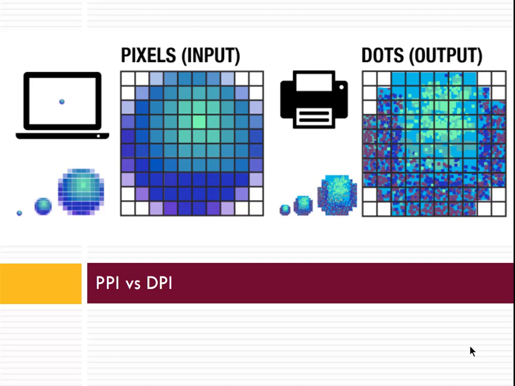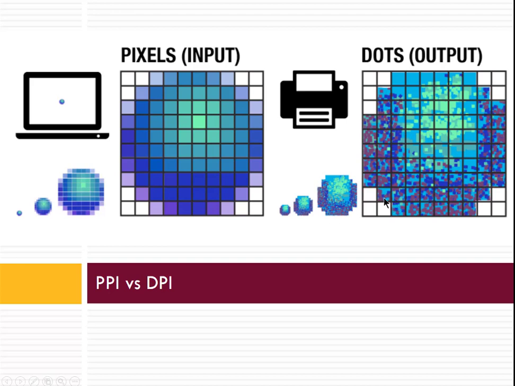So to make that purple pixel match up, it's going to have a combination of cyan and some magenta and maybe a lot of white in between those dots. And so you're going to have a lot of information within the space that pixel took up in your digital file.